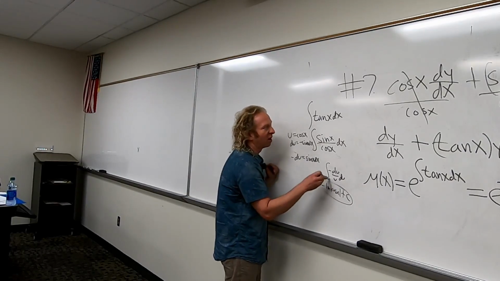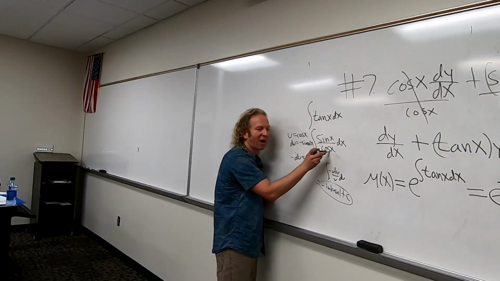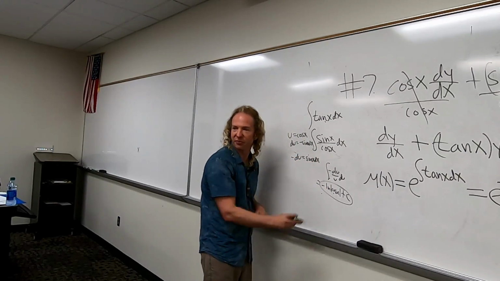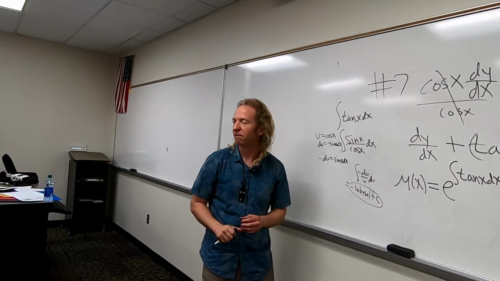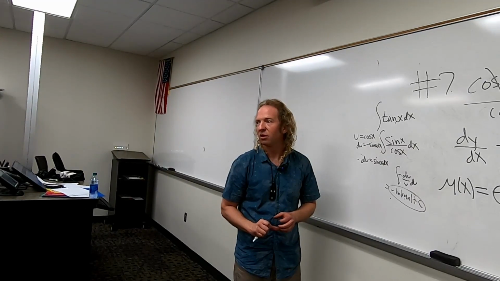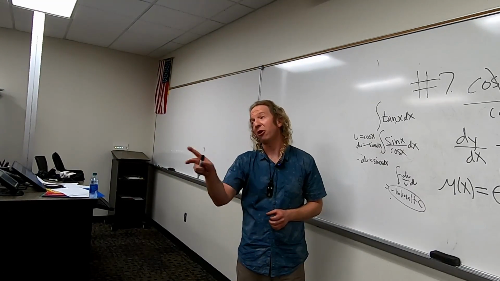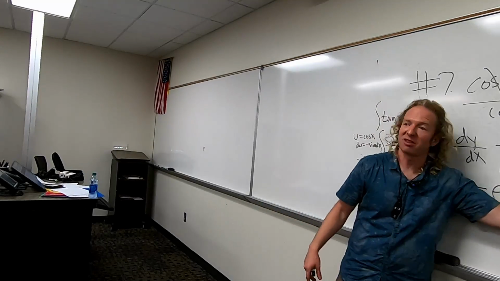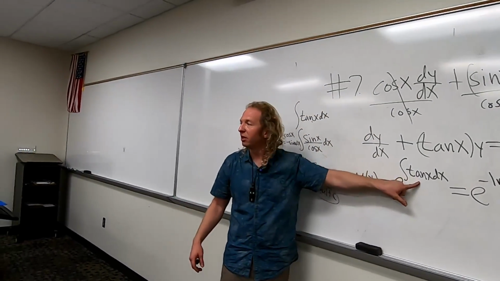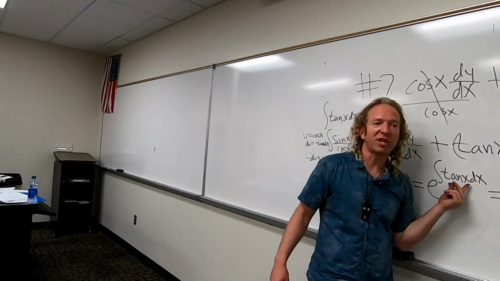So cosine's on the bottom, its derivative is negative. It's going to be an ln, so you're going to have a negative ln cosine. Yeah? So basically, we should always try to get an ln. Usually you will get an ln, not always. Sometimes you just get like x, and then it's a little bit weird. That does happen. What if it was cotangent here? What would you get here? If it was cotangent, you would get what?